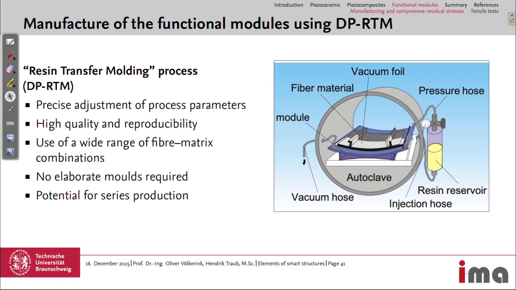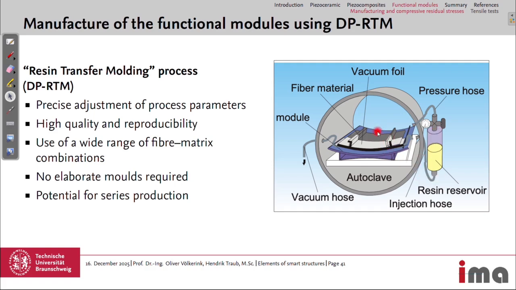One option to inject the resin, you need to fill, let's say, the structure and the non-woven, is resin transfer molding, which is also used for composite manufacturing. You have an autoclave, you have here the part with the fibers, so the dry part without the resin yet, and outside you have a resin reservoir.